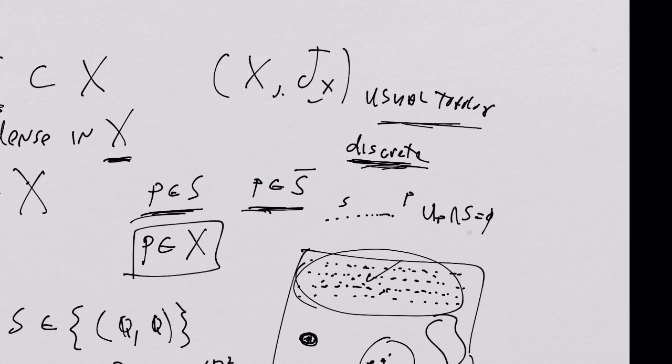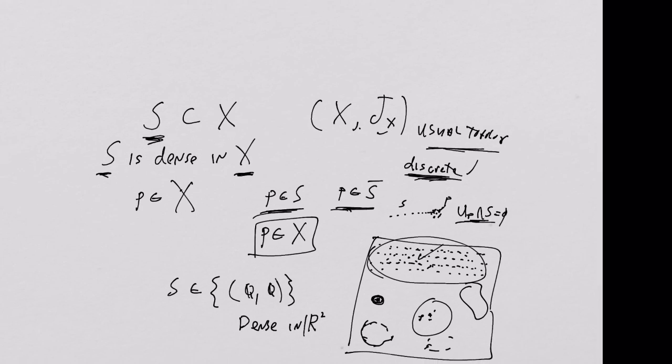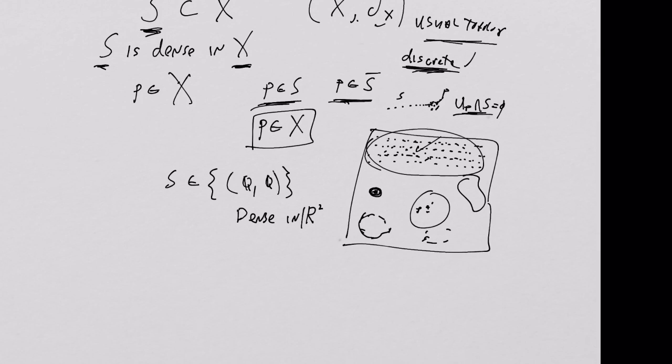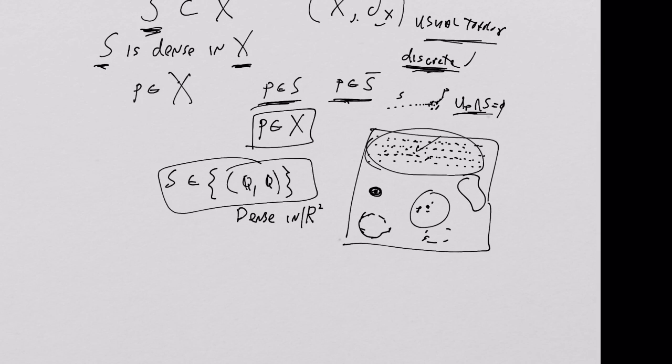This shows you how the topology can change everything. If we go to the discrete topology, suddenly this point P is no longer a limit point. In the usual topology, a member of this intersection will exist if P is a limit point. So in the discrete topology, this set of rational points is no longer dense because they're not limit points.